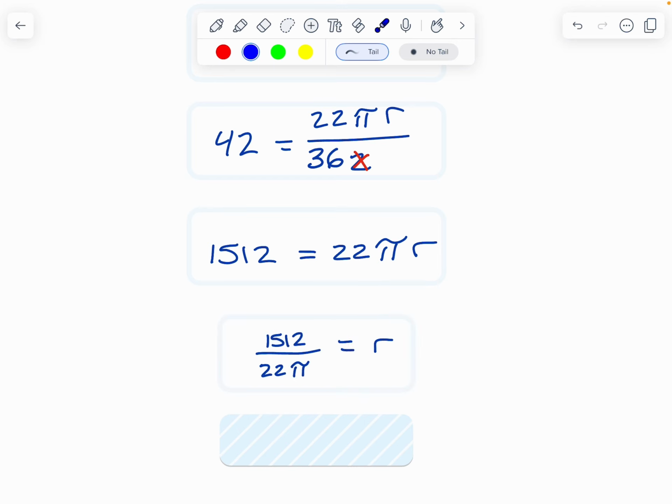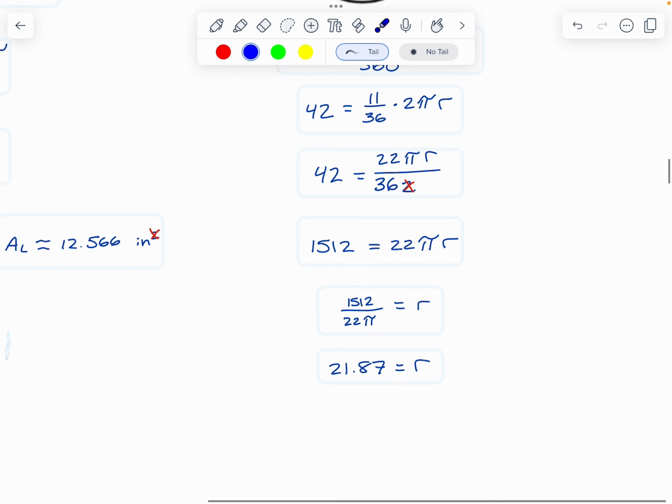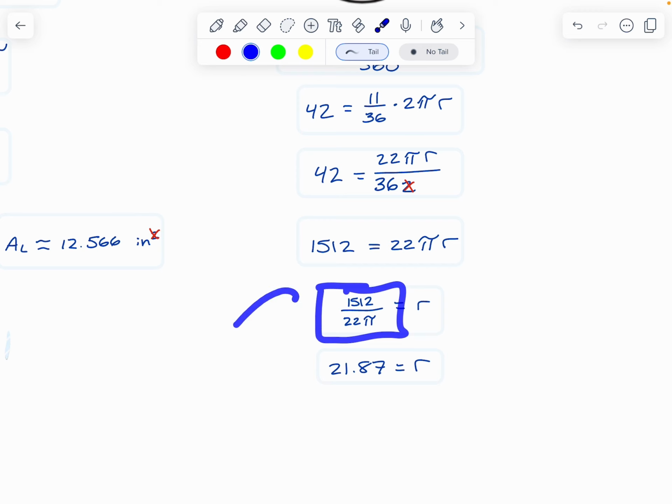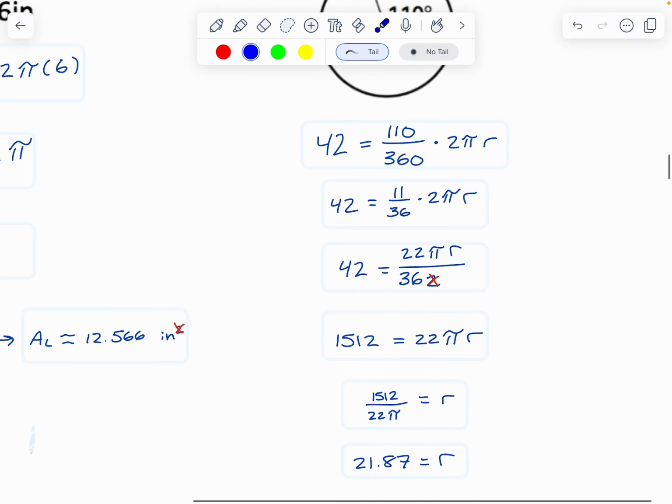Get rid of it on the right side. On the left side, you have 1,512 divided by 22 pi, which is 21.87. Now, I can reduce this. If I wanted my exact, I could continue to reduce that fraction. We could let Desmos do it for us if you don't recognize it.